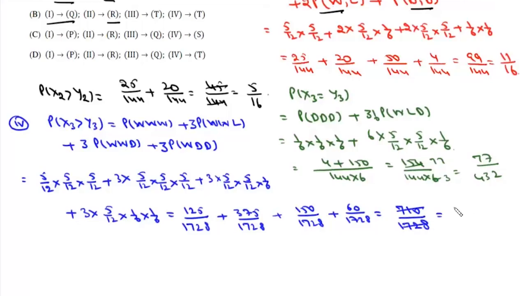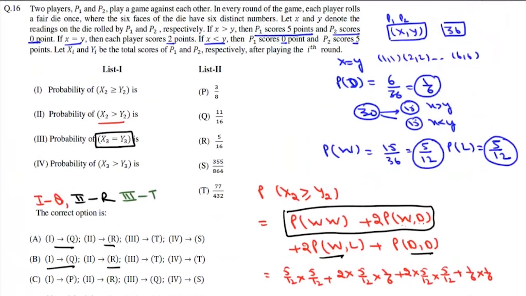Now we cancel with 2. This is 355 and this is 864. So this value will be 355 upon 864. That means this fourth matches with S. So the correct option is option A.